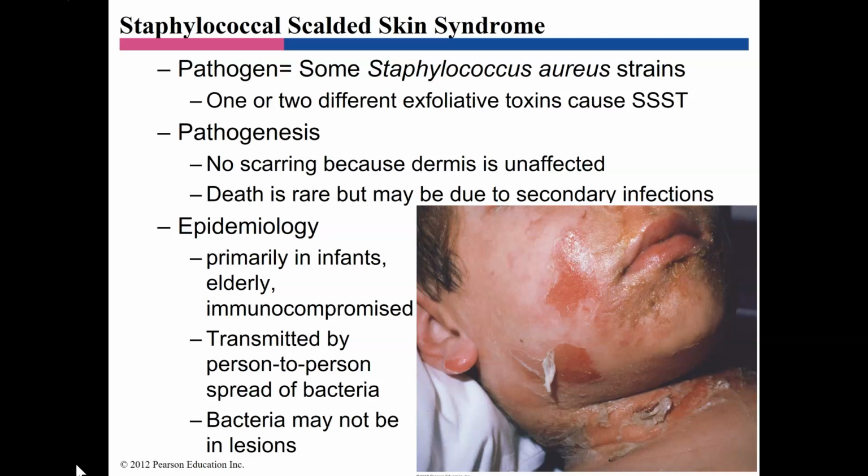Note that not all Staph aureus strains have this toxin. It's only the ones that possess the genes for the toxin that can cause this infection. You often see this in very young infants or in immunocompromised individuals, and again, it's transmitted by person-to-person spread of the organism that contains the toxin that can cause the particular type of infection.